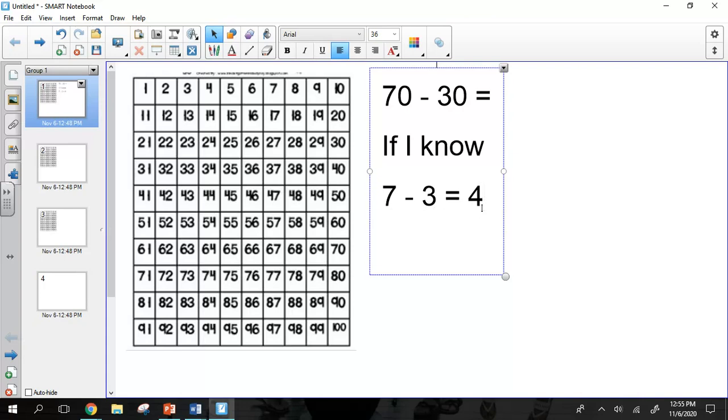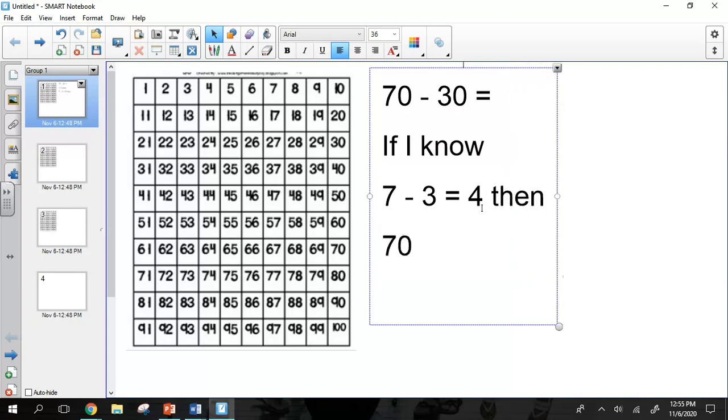If I know 7 minus 3 is 4, then I can know that 70 minus 30 is 40. Right, so if I know 7 minus 3 is 4, then I know 70 minus 30 is 40.